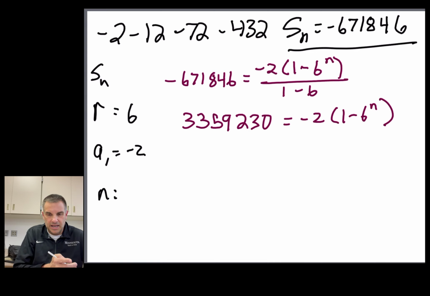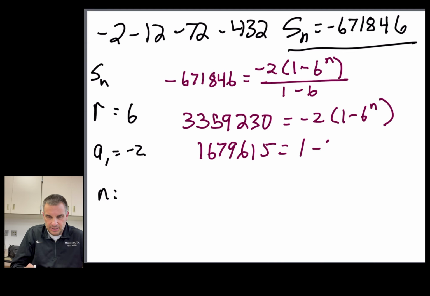Going to divide by negative 2. That's 1,679,615 equals 1 minus 6 to the nth power, because we divided by negative 2. So that should be negative, right? Yep, that should be negative.